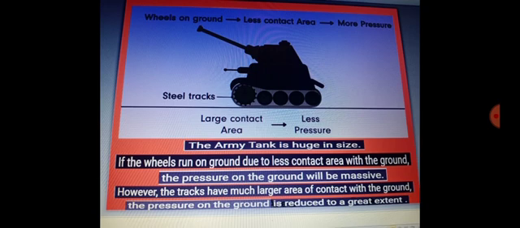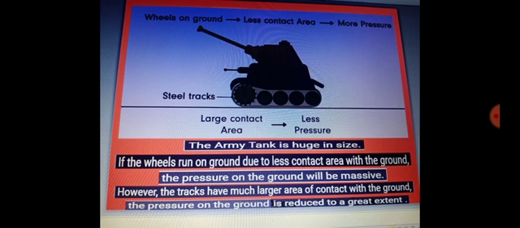Wheel on ground, less contact area and more pressure. Steel tracks around the wheel, you can see larger contact area, therefore less pressure. The army tank is huge in size.